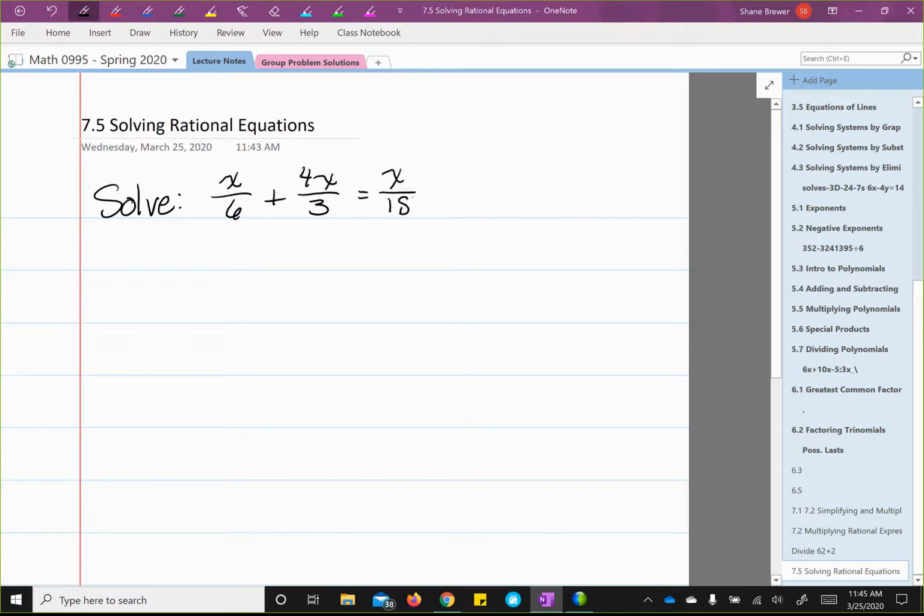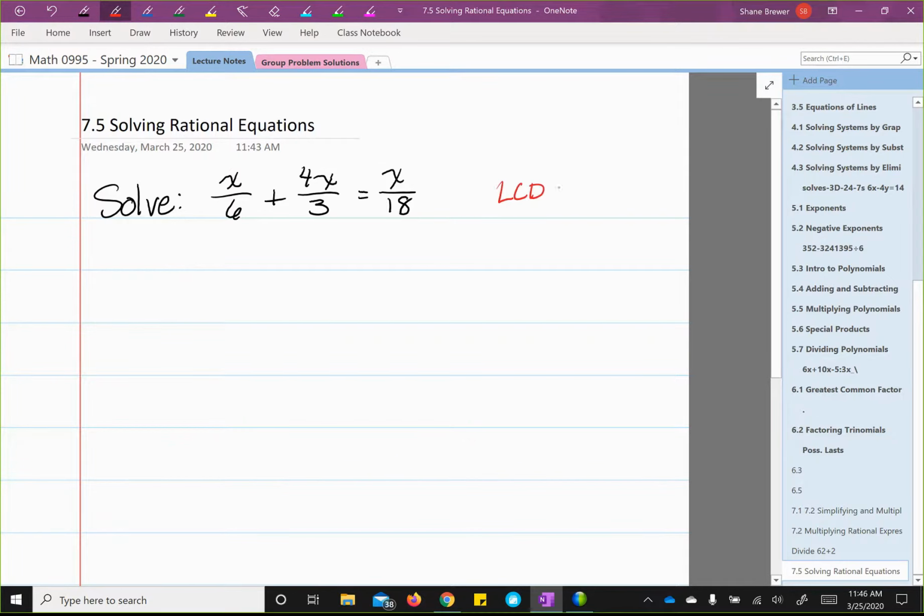When we talk about rational equations, we're talking about equations that have fractions in them. This one doesn't really have variables in the denominators, but the method that we use to solve this kind of equation is going to be used to solve the rational equations. Basically, what we do is we first find the LCD.